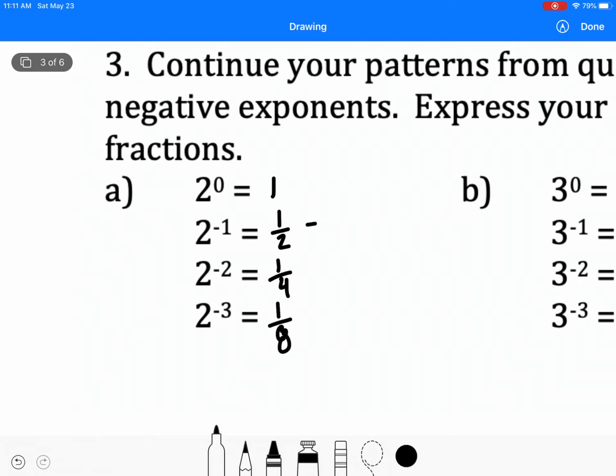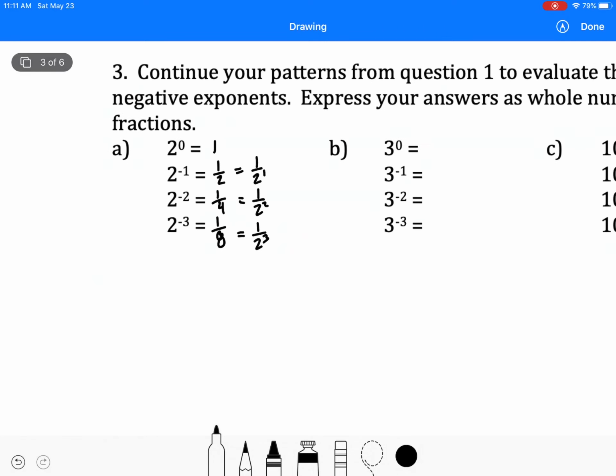Well, what these are all actually equal to is this is 1 over 2 to the 1. This is 1 over 2 to the 2. This is 1 over 2 to the 3. If we do the same thing over here, we've got 1, we've got a third, a 9th, 27.